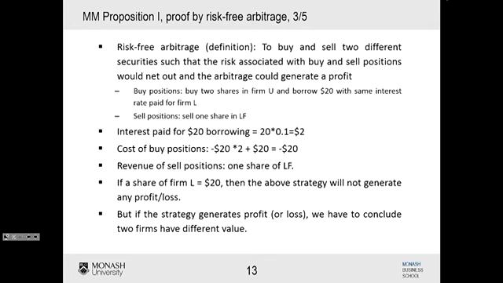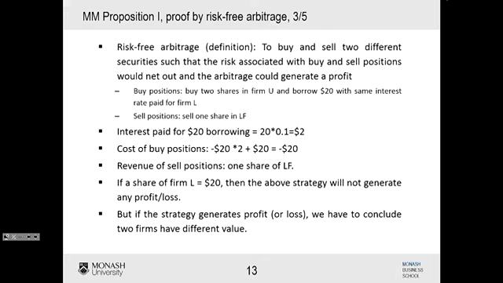Therefore, the cost of the buy position: how many shares do you buy? 2 shares, and each share is $20. If you buy 2 shares, that costs you minus $40. But you borrow $20, so you have $20 cash in and you pay $40. Therefore, the buy position costs you $20.